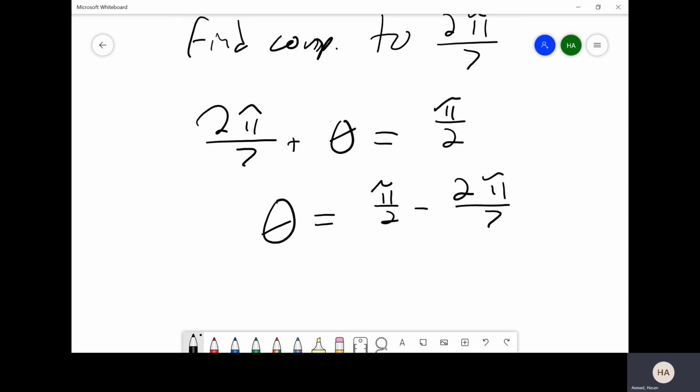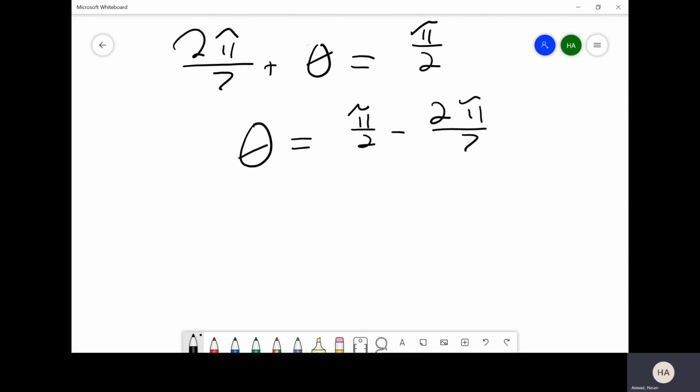And how do we subtract fractions? Well, we need a common denominator, right? If we don't have a common denominator, we can't subtract fractions, which means we can't simplify it. So to get a common denominator here, we see we have a 7, we have a 2, so the common denominator is probably just going to be 14. So I'm going to make this 7 pi over 14, multiplying top and bottom by 7.